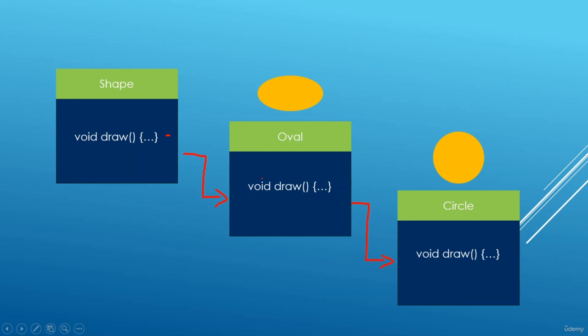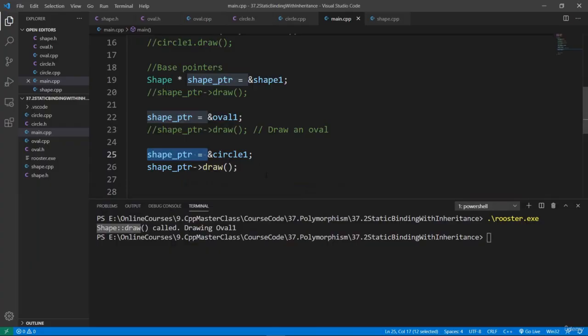So from what we learned in the last chapter, oval has a shape part in it, and circle has an oval part in it, which in turn has a shape part in it. So from this understanding, it shouldn't really be surprising that we are able to manage an oval object with a shape pointer, or the fact that we are able to manage a circle object using a shape pointer. This is why we are able to do something like this. Okay, so I hope this is super clear.